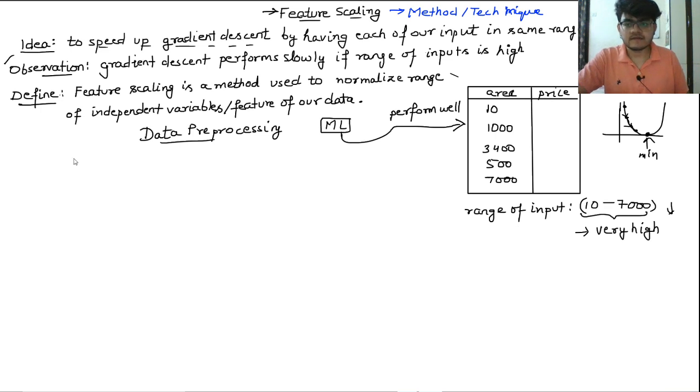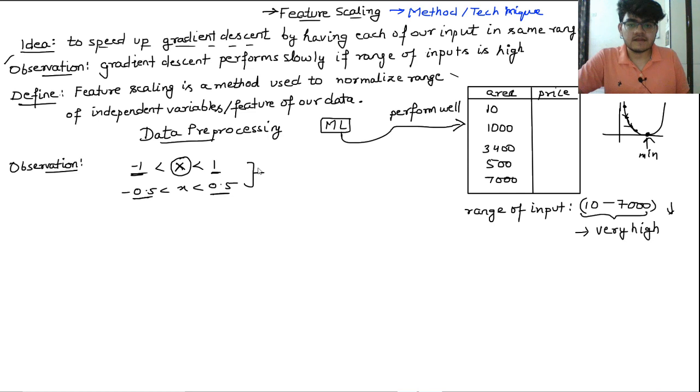It is generally an observation that if I have x as the independent variable, and if it is between -1 and 1 or minus 0.5 and 0.5, if you try to make your features in this range, from -1 to 1 or from minus 0.5 to 0.5, the gradient descent algorithm performs faster.